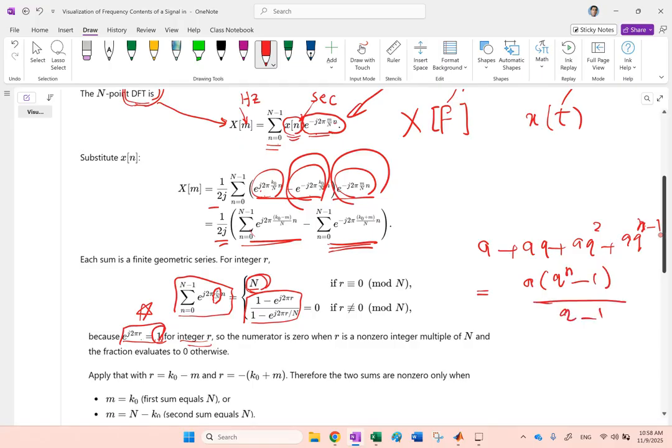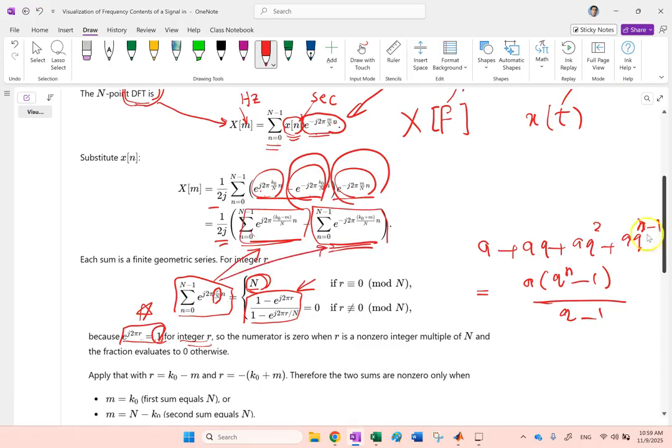Okay, and that is exactly what you're using here. So depending on whether the modulus of r over n is 0 or not 0, each one of these can be calculated based on this bottom formula.